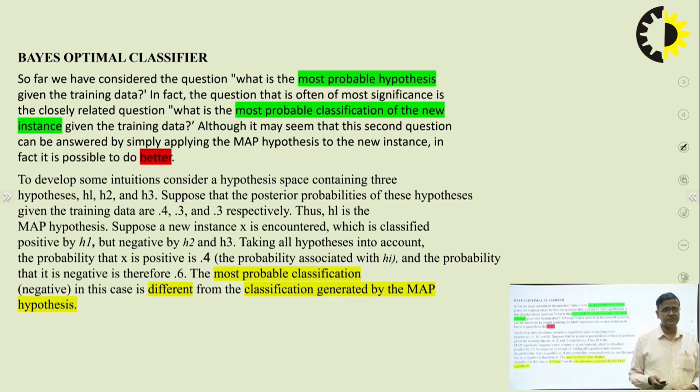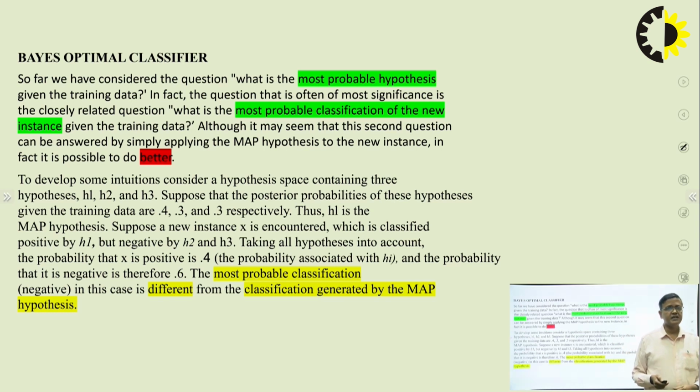So H1 is your MAP hypothesis. But in the Bayes optimal classifier, we will use the combination of all the hypotheses to predict the classification of our new instance.